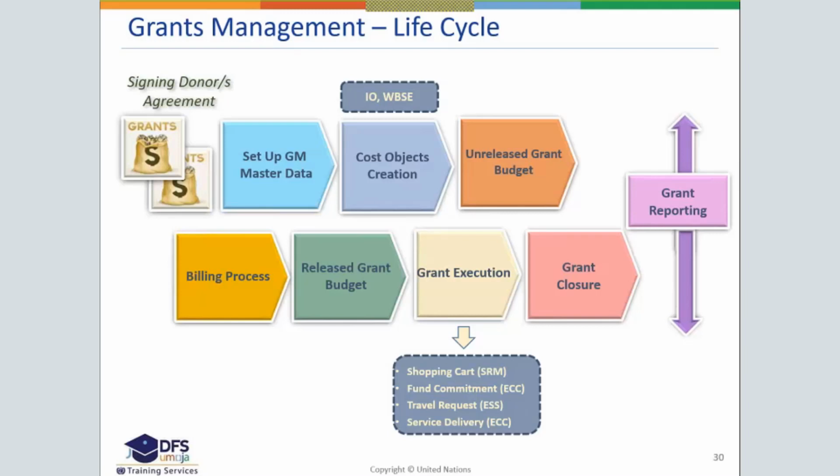Okay, so the grant is basically the tool, the master data that we use to manage all the process where we are receiving funds. Then the grants are linked to the trust funds. The trust funds are the funds that start with 3, for example 32.